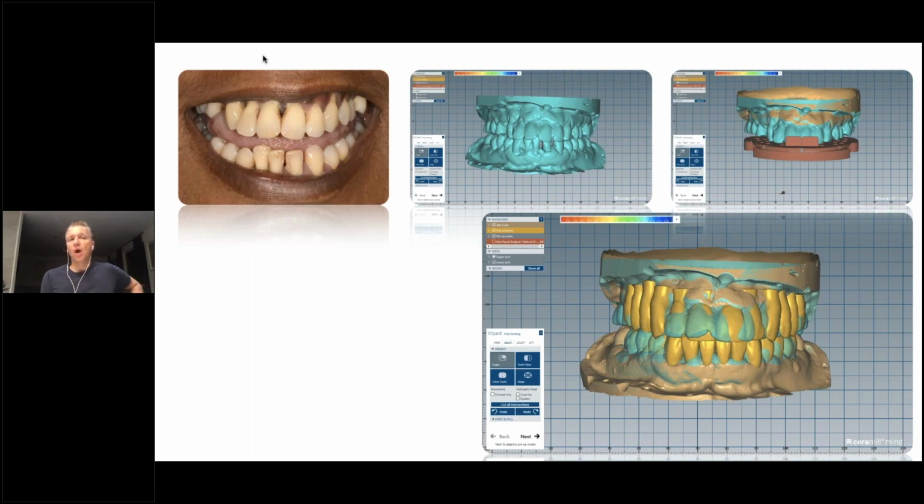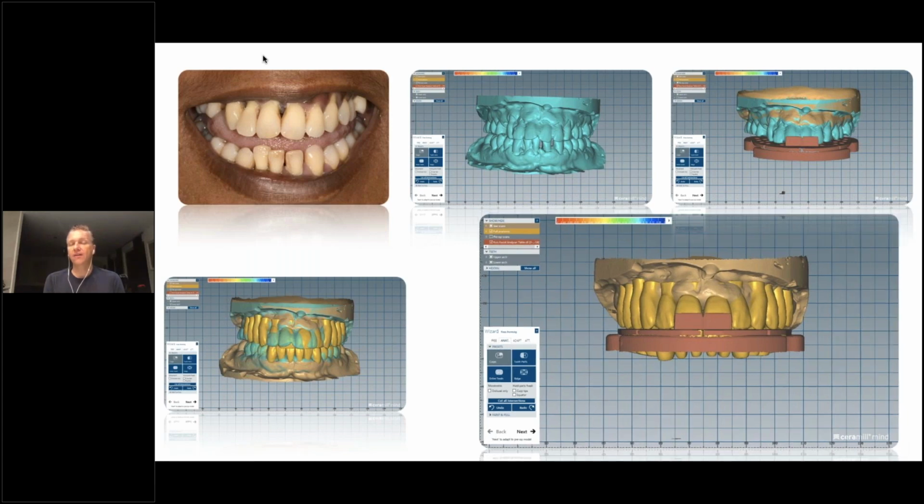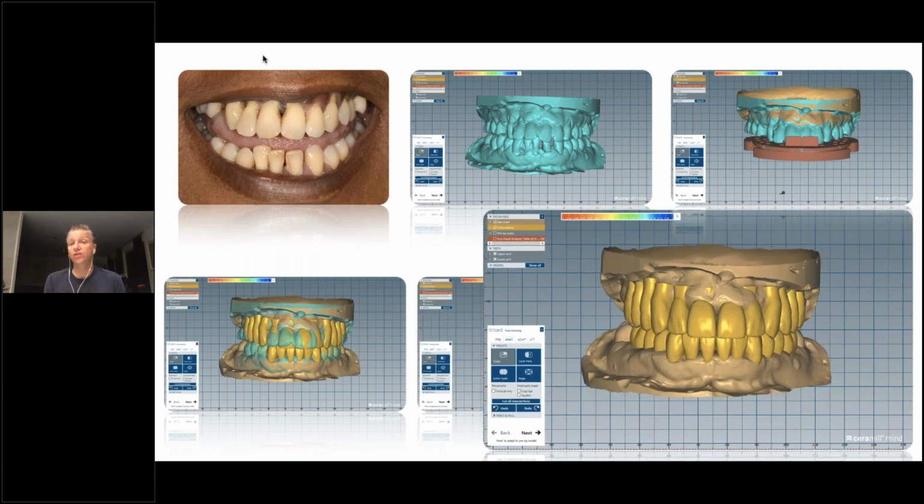These are just screenshots where I'm putting in the smile design, what I designed before with the face, also in consideration of occlusion and function. And I can now utilize these records when I have my final position of the teeth.